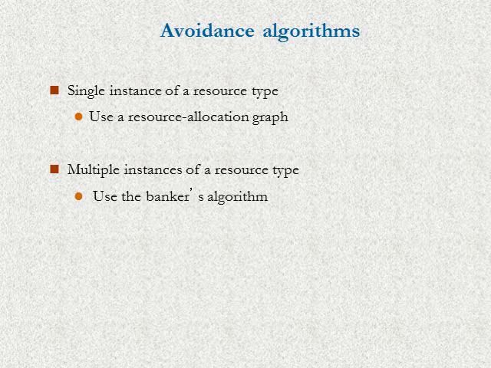However, if we have multiple instances of some resource types in the system, then this resource allocation graph may not work efficiently. To solve this problem, we may require the banker's algorithm. This discussion of single and multiple instances of resource types will become clear when we start the resource allocation graph discussion.